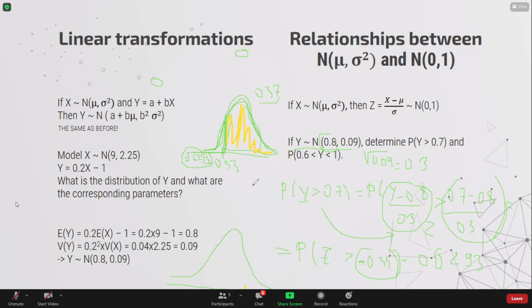That blue area is the same as this yellow area. That yellow area is the same as that yellow area. So we have to find that area, but that area is already given in the table. In the table, we are given only numbers with plus, not with minus. So that's why we have 0.6293 as an end answer.